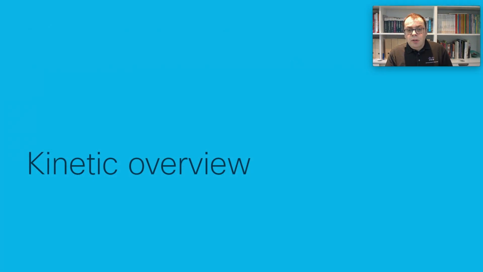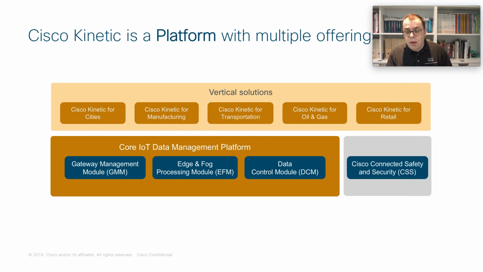So now we're going to have an overview about Kinetic, and actually we are using Kinetic as a generic term, and Kinetic is actually a family of products. So we have Kinetic GMM, we have Kinetic EFM, we have Kinetic DCM, and all three are different products.